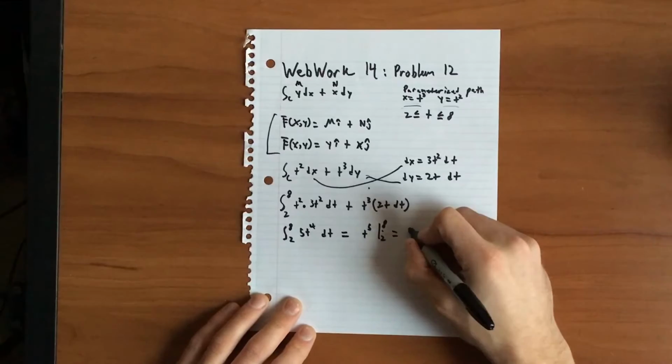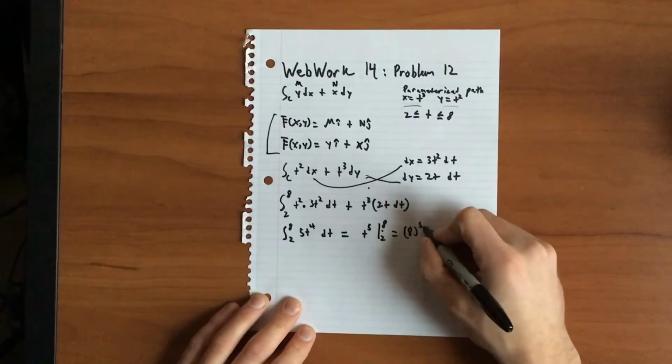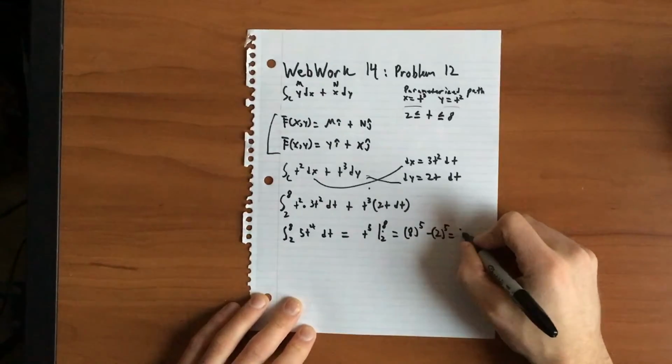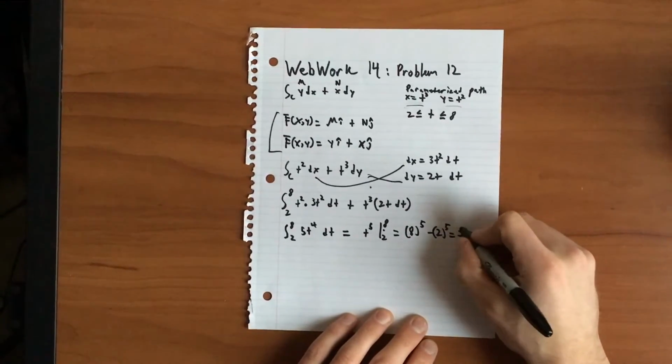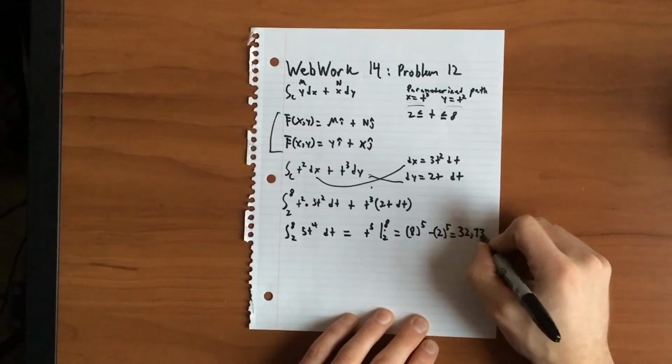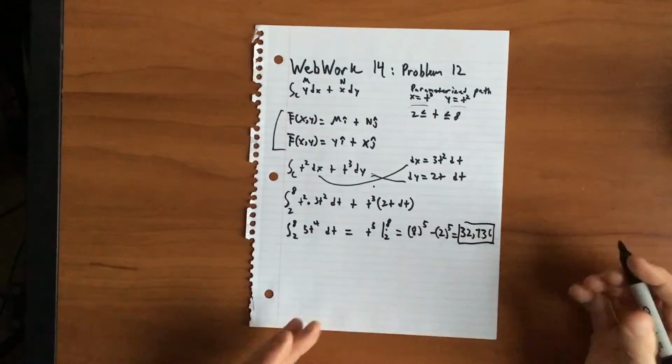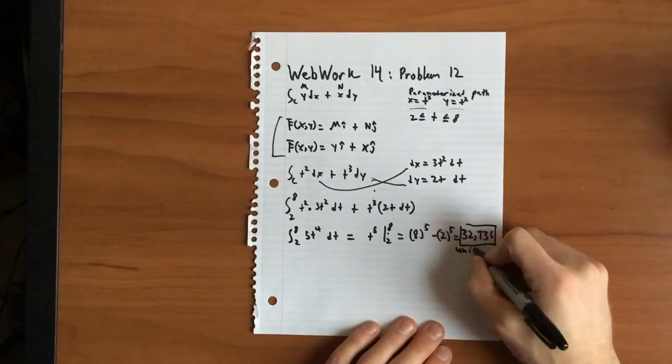So what we have is 8 to the 5th minus 2 to the 5th, which gives us our ultimate answer, which is 32,736. And that is the final answer, and this would be units of work.